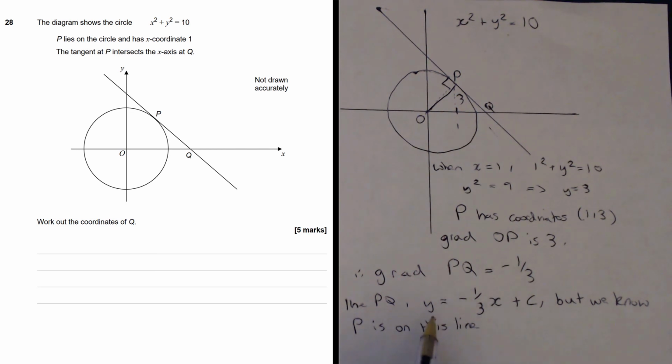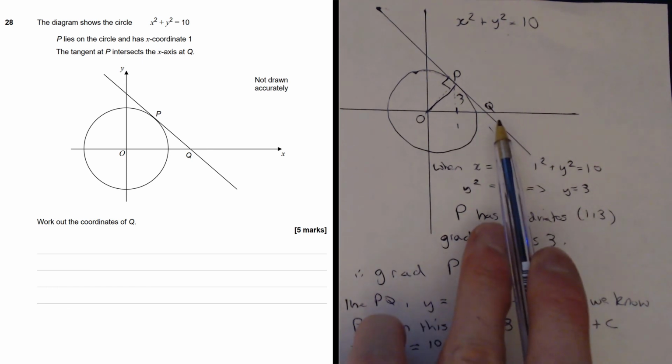So let's plug those in. Well, at the point P, y is 3, and that's equal to minus a third of x, which is 1, plus c. So this tells us that c is going to be 3 plus a third, which is going to give us 10 over 3. So the equation of the line is y equals minus a third x plus 10 over 3.